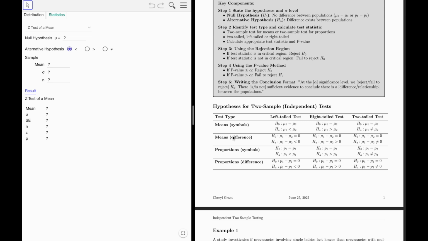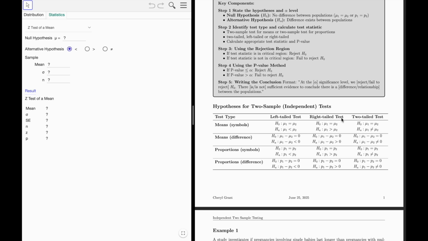Now, we could write that a different way by saying if mu1 is less than mu2, if I find the difference between them and take mu1 minus mu2, because mu1 is less than mu2, then when I subtract those two, I'm going to get a negative number, which is less than 0. So this is just 2 different ways of saying the same thing.